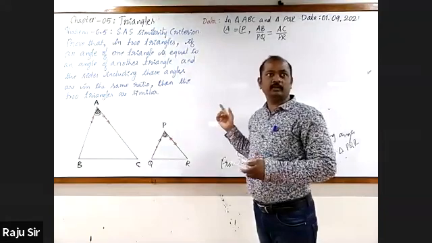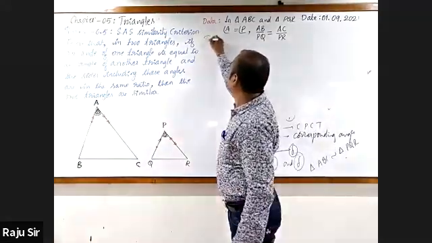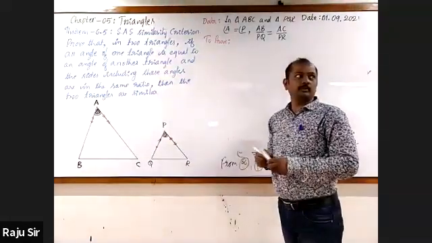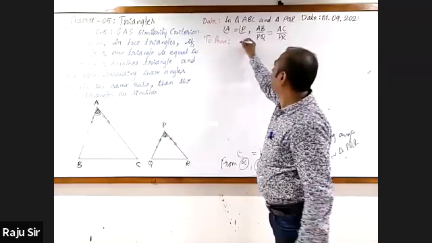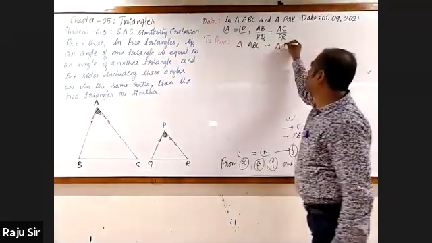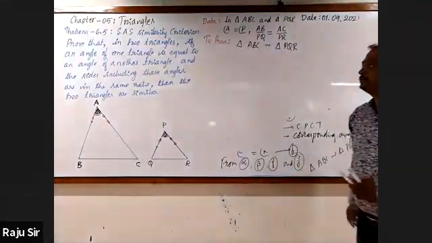Have they given any other? No, only this much. What is the next step? To prove, please write with me what you are going to prove: triangle ABC is similar to triangle PQR.